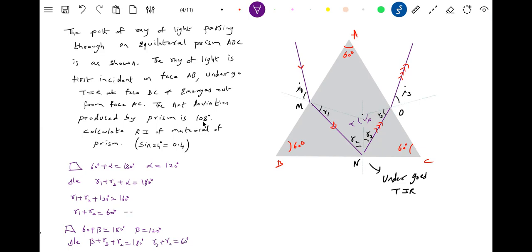So equating these two, we can write R1 equal to R3. If R1 equal to R3, then sine I1 equal to mu sine R1. So therefore, I1 is also equal to I3. Okay, these are some important conclusions we have.